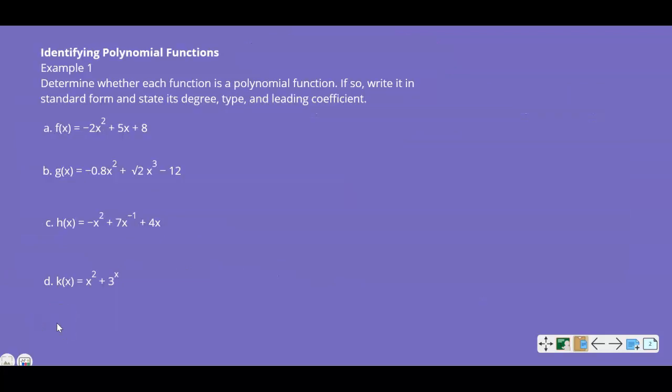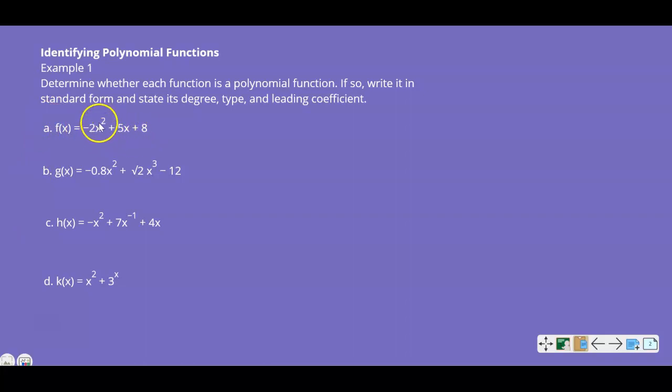Example 1, identifying polynomial functions. Determine whether each function is a polynomial function. If so, write it in standard form and state its degree, type, and leading coefficient. All right, if we look at A part, we have f of x equals negative 2x squared plus 5x plus 8.